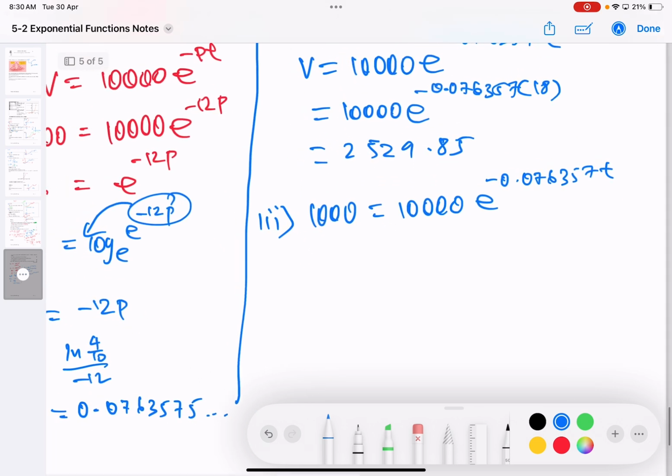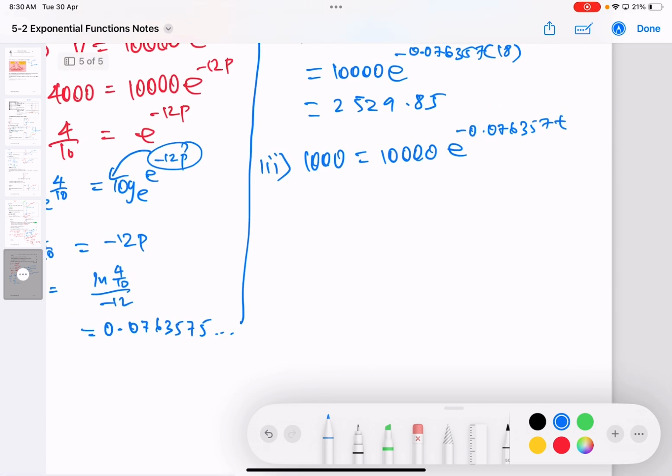Just use the ln. You're going to ln both sides. Ln is log base E. So you divide both sides by 10,000 first, and then you ln both sides. When you're done, you look up and check your answer with mine.